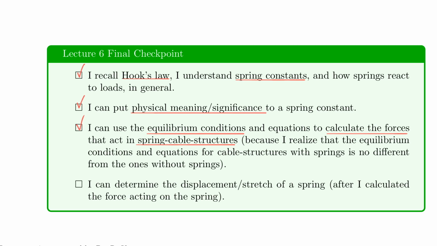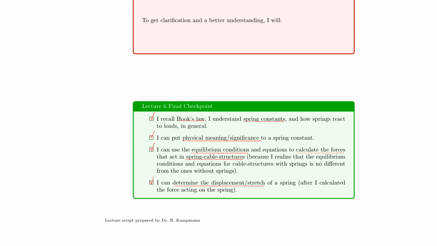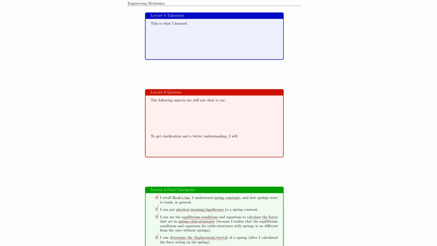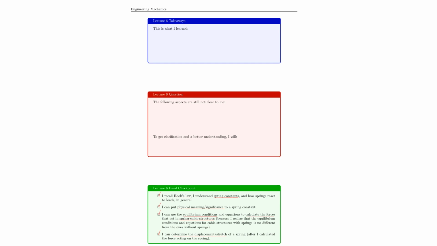And we can now, of course, use the stretch formula to determine the displacement or the stretch in a spring system. So today, very few checkpoints. They're all very closely related to each other. But it's important that we have a solid understanding of that. So that concludes our summary page and what we took away. So let's move on and talk about the homework.